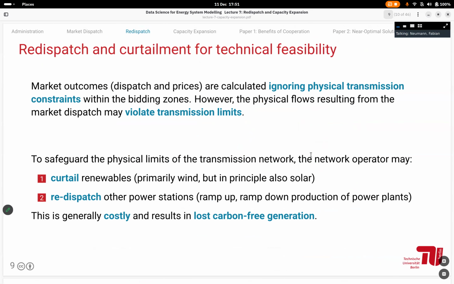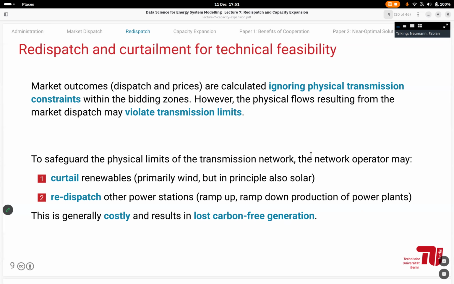So the market outcomes that we have ignore the physical transmission limits within the bidding zones. And that means that the transmission network operators may step in to curtail the renewables. That's primarily wind at the moment, but prospectively it might also be true for utility scale solar. Or so-called redispatch of other power stations.